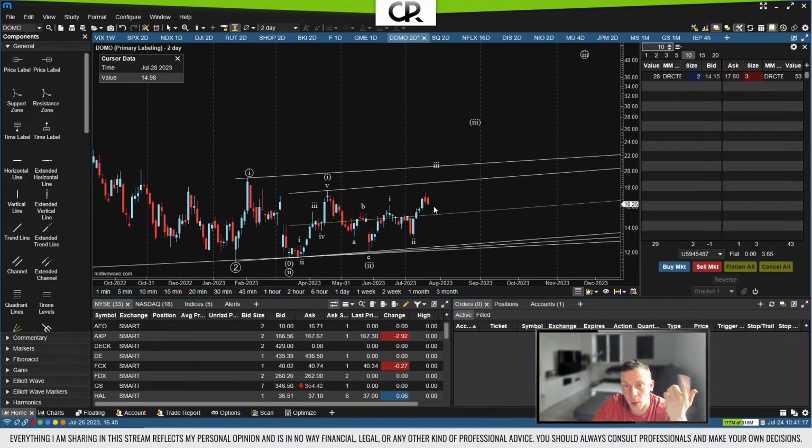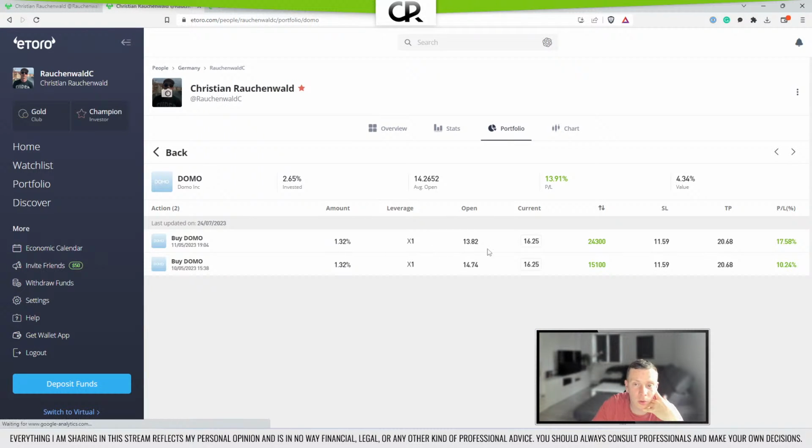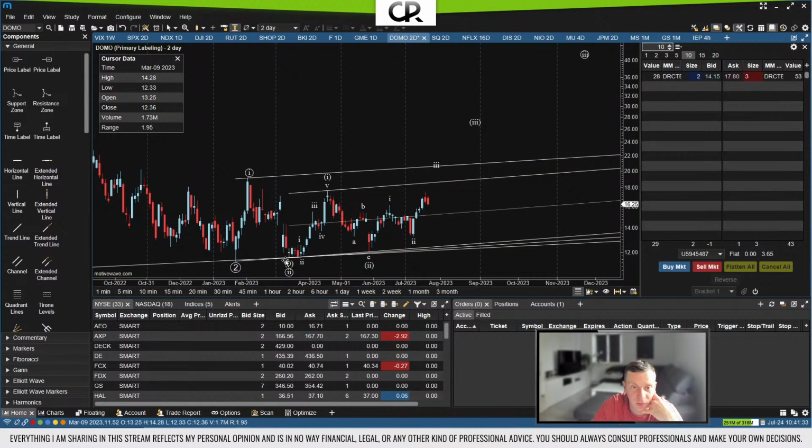Now, if Domo turns around here on us, which is possible, considering that 3 times in a row we had lower highs, then our stop loss in Domo would be at 1159. So 1159 would be this point 2 here. Nope, it would be this point 2 somewhere here.